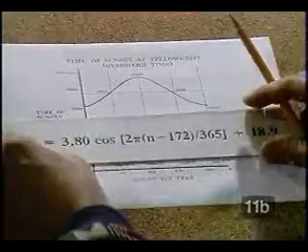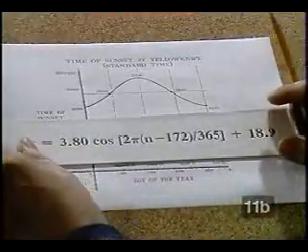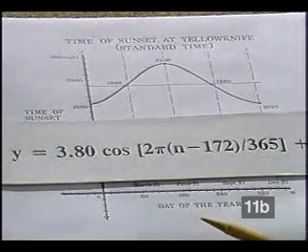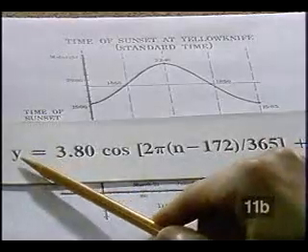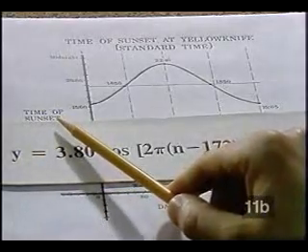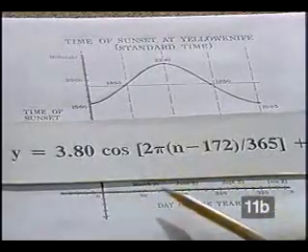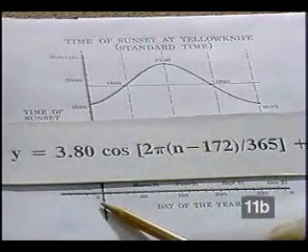On the other hand, if we knew the formula of the curve, we could use it to get a more exact answer. Here's the formula. Now, it's not too difficult to understand how this formula was obtained. The horizontal axis has been scaled in days rather than in usual degrees or radians. Y in this case stands for the time of sunset, and N stands for how many days have passed after December 21st.